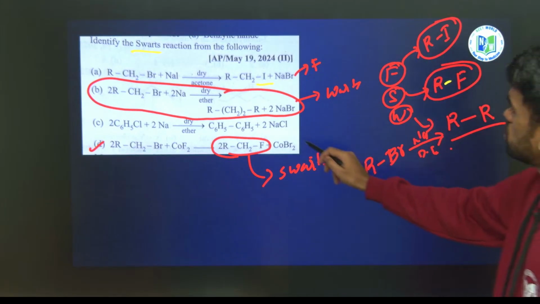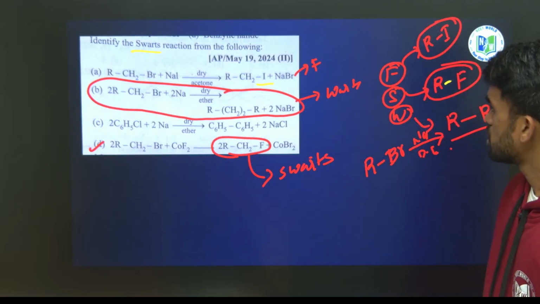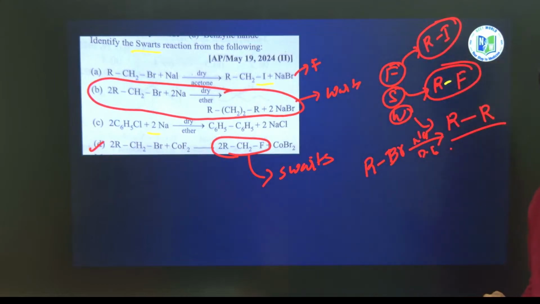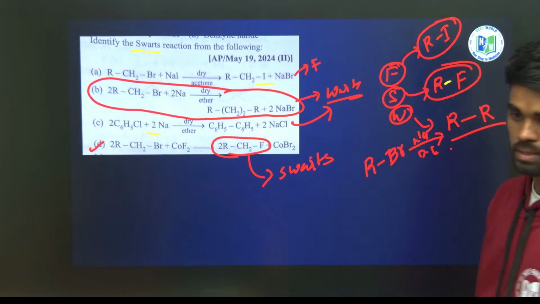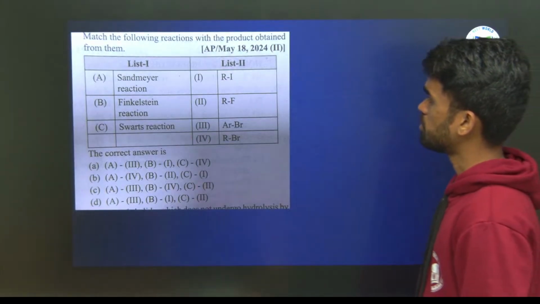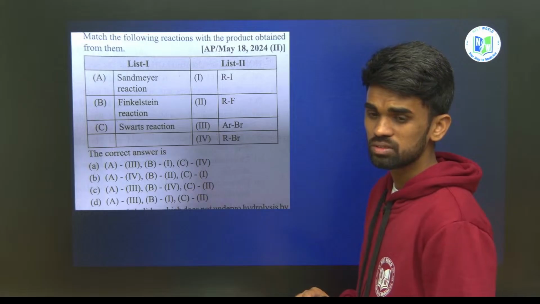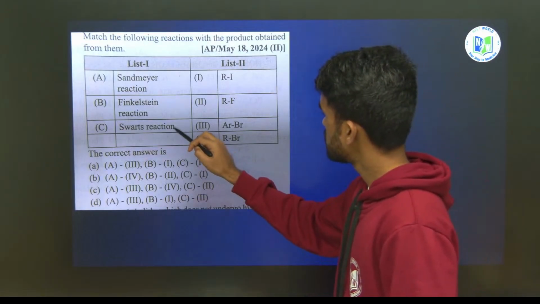Even C also: sodium is used, dry ether is used. What is the name of the reaction? Same, Wurtz reaction. So Schwarz reaction, as I told you, is for preparation of fluorides. Which option is it?